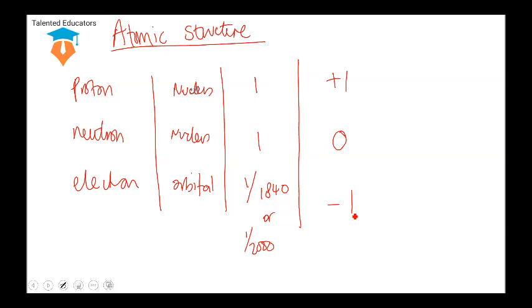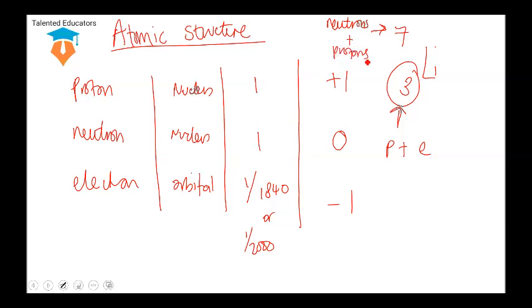So if I just give you a quick example of lithium, we know lithium has a mass number of 7, and we know it has an atomic number of 3. What does atomic number consist of? This consists of the protons and electrons, and this one is the number of neutrons plus protons. So the 3 has the same amount of protons and electrons.